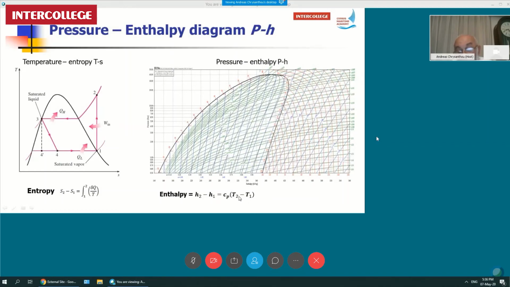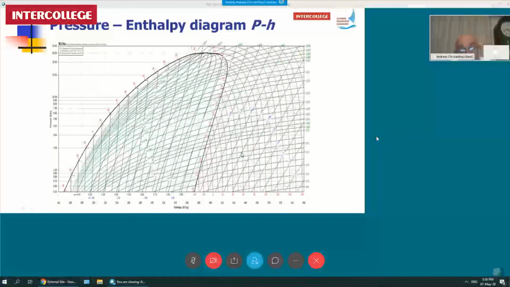And do we have temperature meters? Yes, we do, and they are called thermometers. So we can go down the engine room with our thermometer and our pressure gauges, and we can easily identify the position and the state of our system anywhere on this diagram. Okay, this is the functionality of the pressure enthalpy diagram for engineers.